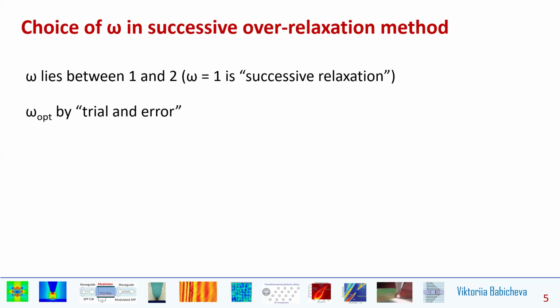So evaluating the optimum value of omega, for which the most rapid convergence can be achieved, is a rather complex issue. There are several specifics that one can mention about the choice of omega in this method. So the value of omega lies between 1 and 2, and basically the relaxation factor omega is selected such that omega is somewhere in between.